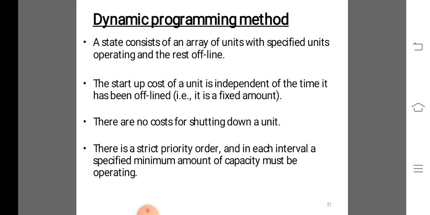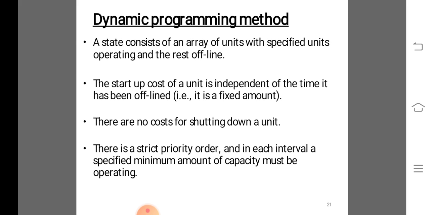However, if a strict priority order is imposed, there are only 4 combinations to try: priority 1 unit; priority 1 unit plus priority 2 unit; priority 1 unit plus priority 2 unit plus priority 3 unit; then priority 1 unit plus priority 2 unit plus priority 3 unit plus priority 4 unit.